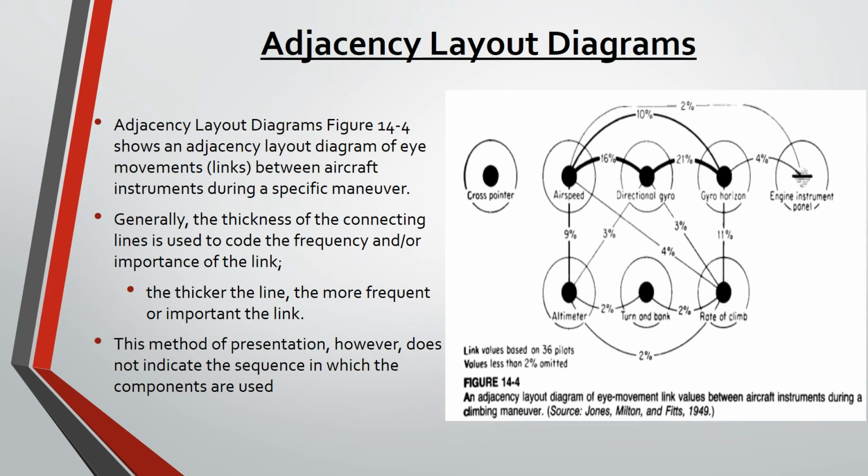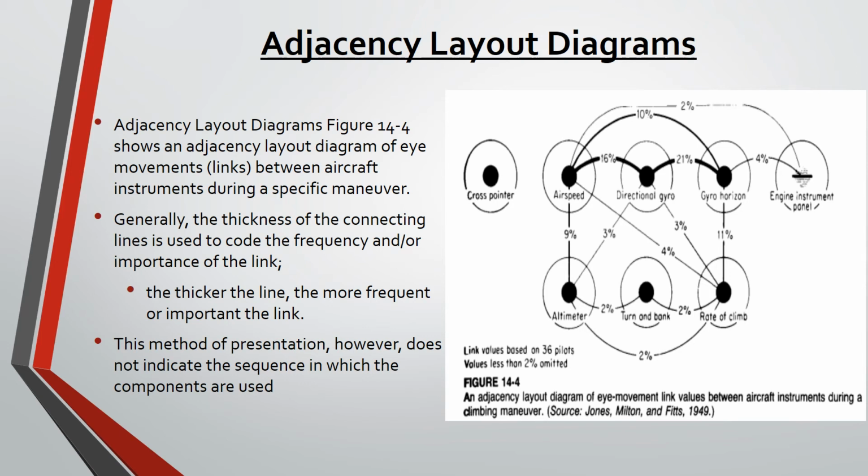As I have already mentioned, the thickness of the connecting line is used to code the frequency. Thicker the line, the more frequent or more important the link is. The drawback is that it does not indicate the sequence in which components are used.